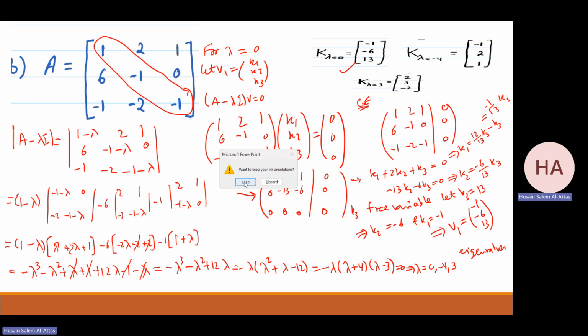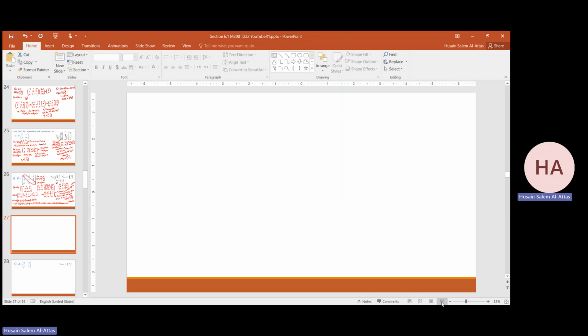I need more space to find the other two. They are just calculation. So for lambda equals what? Minus 4. Let me see what will happen.